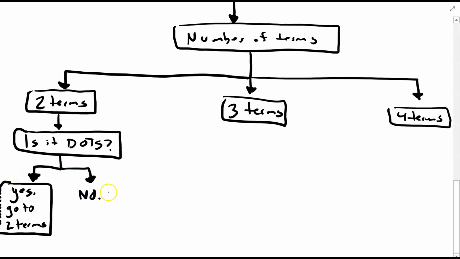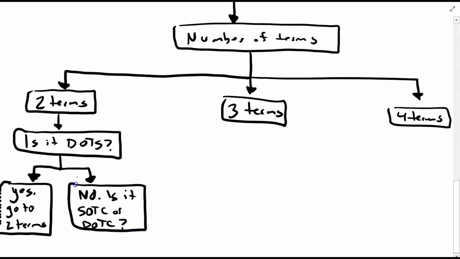If it wasn't a difference of two squares, then we check to see if it's a sum of two cubes or difference of two cubes.